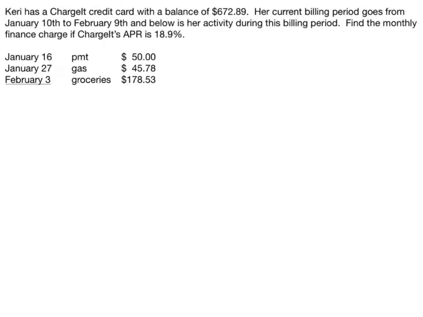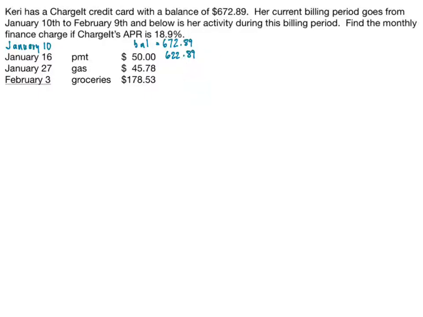So what I want to do first is let's add in the starting point, the starting date of her period. So it's January 10th, and we know that the balance is $672.89. From here, we can calculate the balance as we go down from the payment to the purchase to the next purchase. So if we take $50 away from $672.89, that's going to be $622.89.